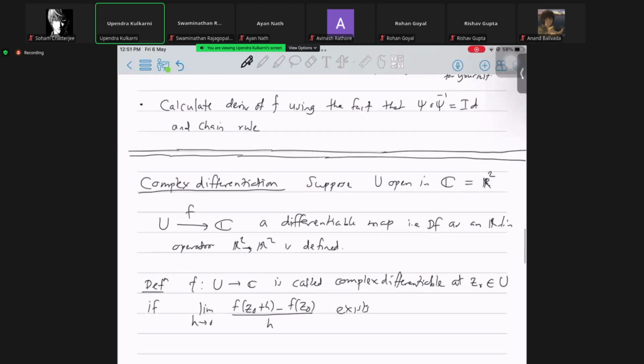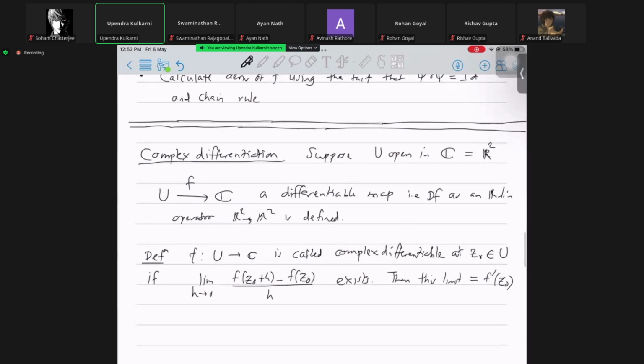And then this limit is what we call f prime of z0. Notice that there are two different notations, just to keep our heads straight. df is the operator, the usual derivative that we have been talking about in this course, and f prime of z0 is what I'm going to call the complex derivative.